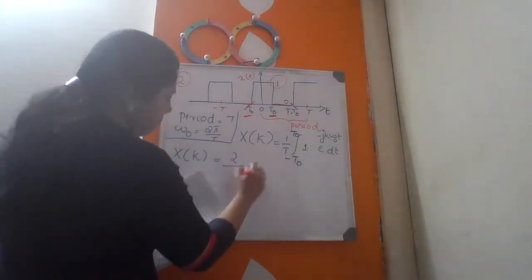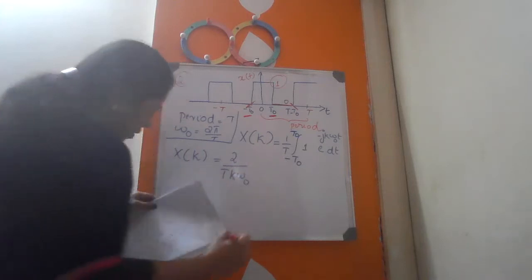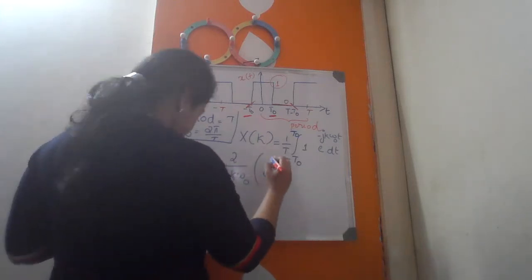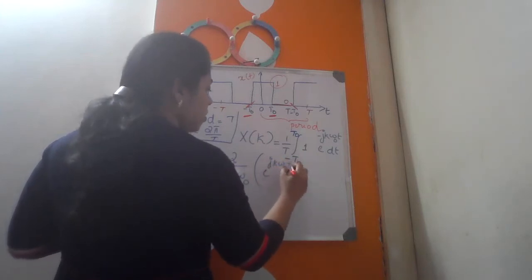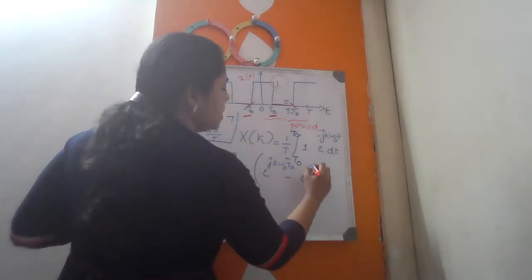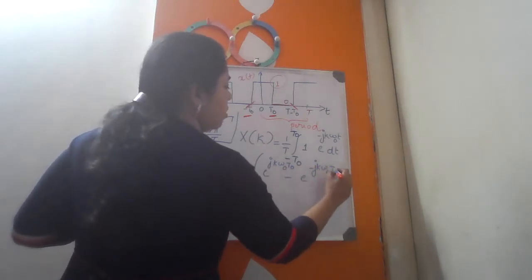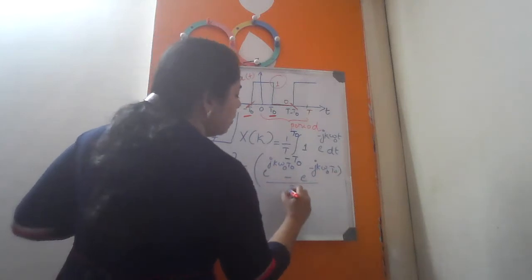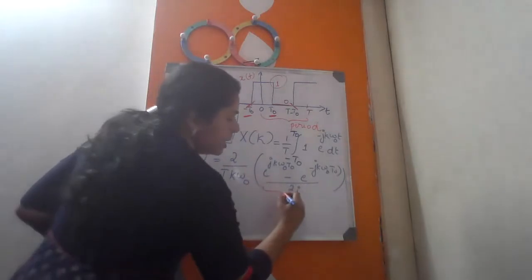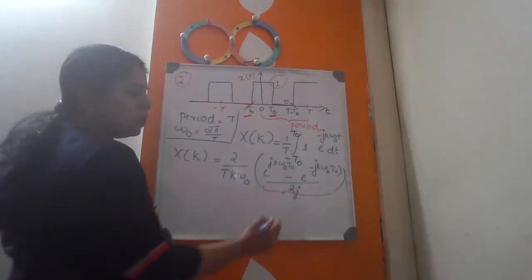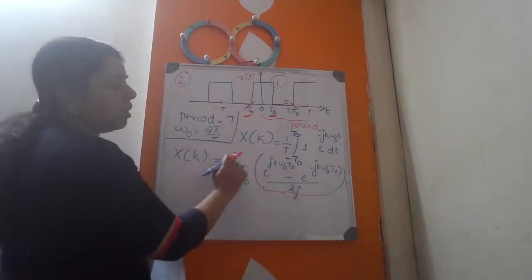It is 2 by T k omega naught, then e power j k omega naught t naught minus e power minus j k omega naught t naught, all divided by 2j. So this I can write as sine theta. Yes or no? In order to get the form of sine theta, that's why I included all these terms.